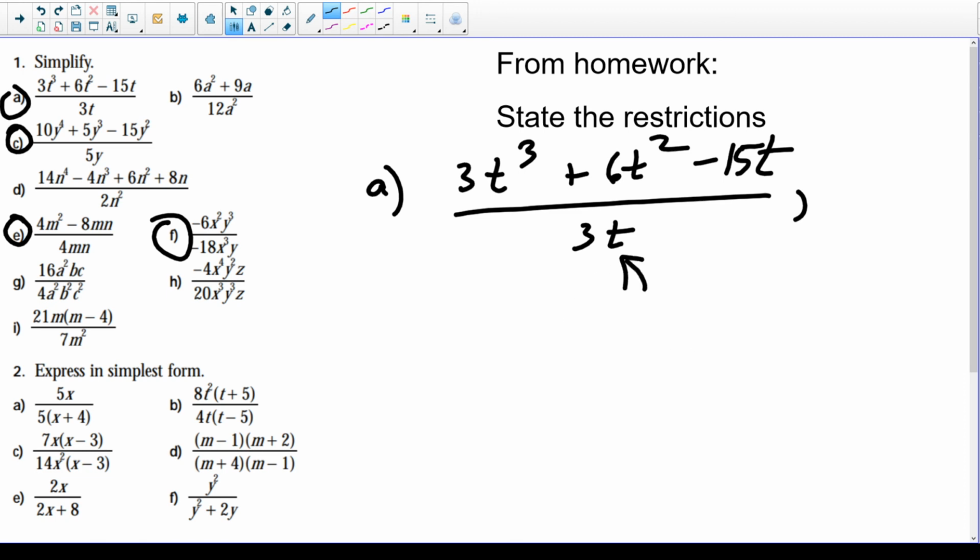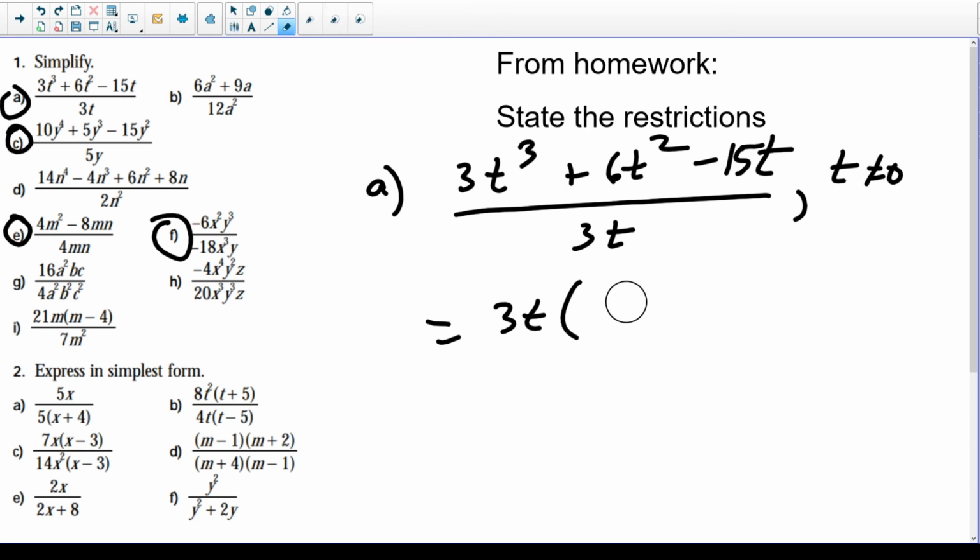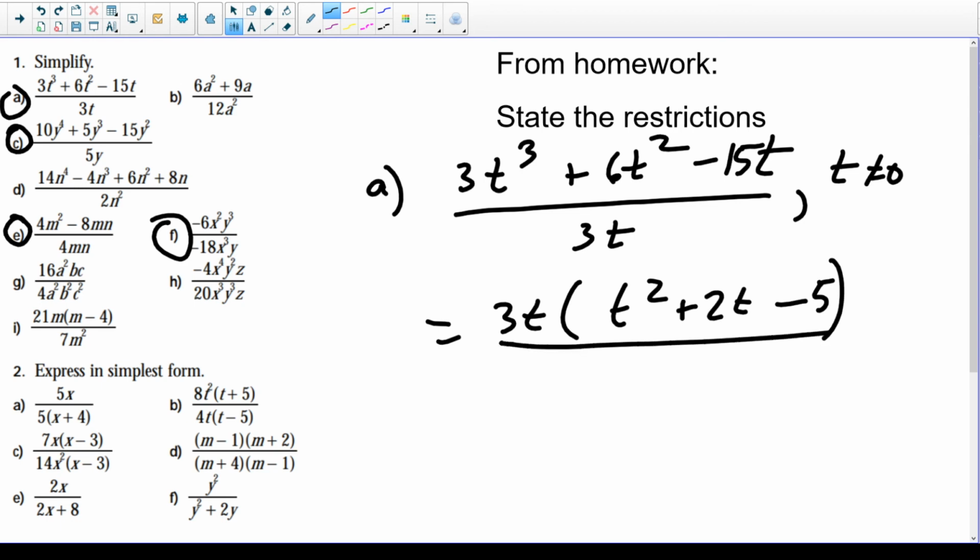So I think somebody in chat's already mentioned what is the value that t can't equal, and t can't equal 0. So that is our restriction. Then we factor the top because we can. So what can we pull out of everything? Well, we can pull a 3t out of everything. We're left with t squared plus 2t minus 5 divided by 3t.